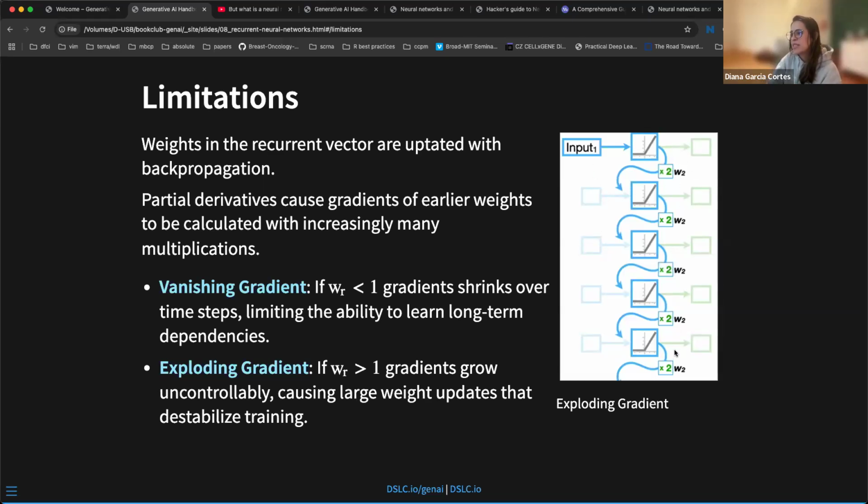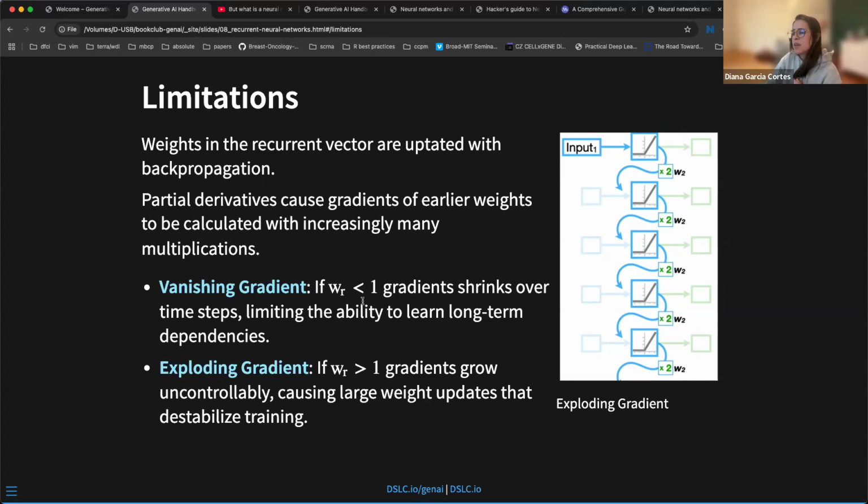Because we're doing backpropagation, the values in the newer neurons will be bigger than the ones in the older neurons.